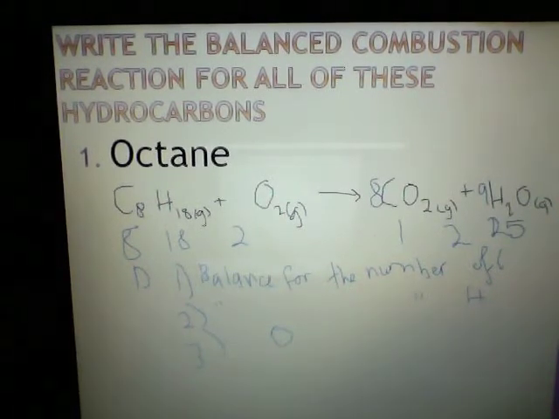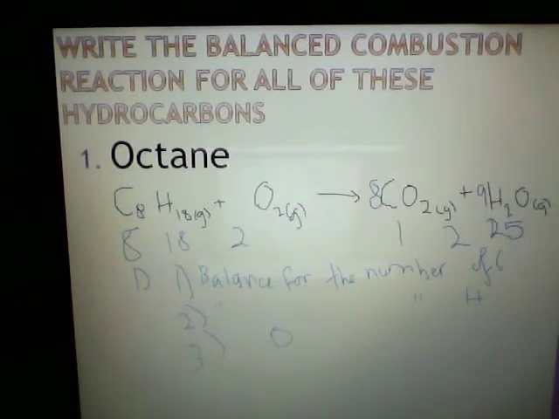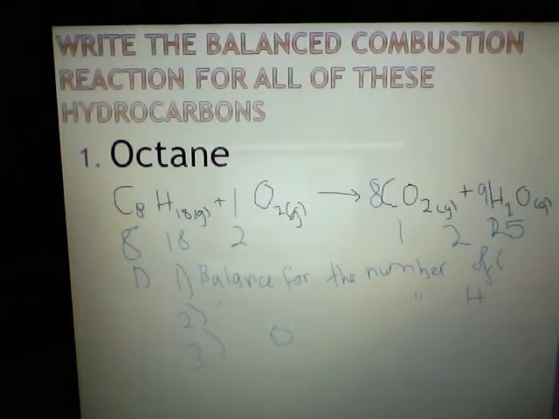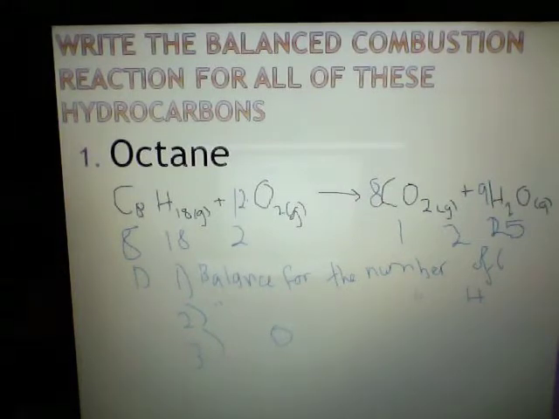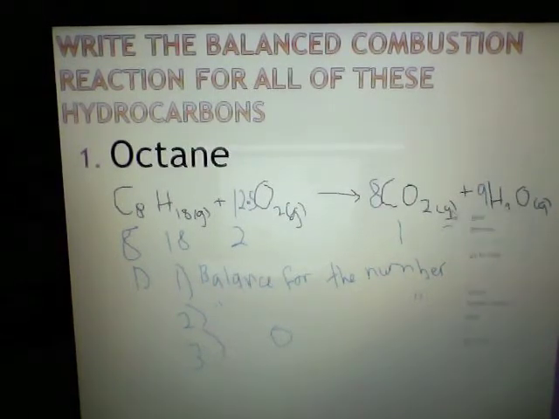Now, how can we convert this into a 25? Let's have a look. 2 times 12.5 is 25. The only thing is, we don't like using decimal points to balance equations.